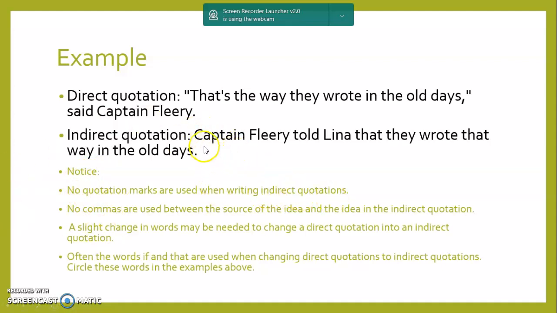And no commas are used between the source of the idea and the idea in indirect quotations. You don't need to put a comma. But here you need the quotation marks and also the comma to indicate the idea and source.